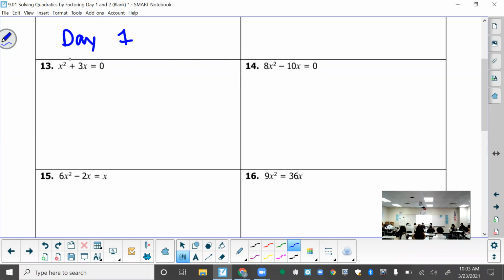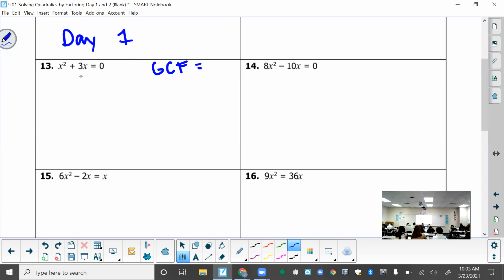But for number 13, how can I factor this? What method will I use? There's 2 terms, so I can't use diamond, I can't use slide and divide. I can check if it's a difference of squares, but it's not, because there's a plus sign. On the GCF. Good. So I'll factor this one with GCF.